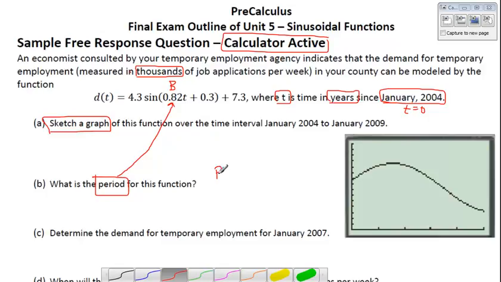If I remember the formula, period equals 2 pi over b. So the period is actually just 2 pi divided by this number. So 2 pi over 0.82.